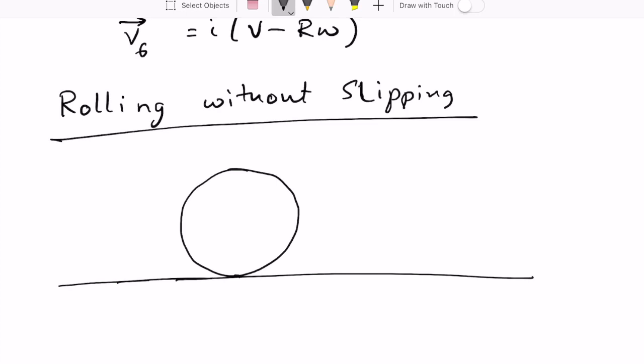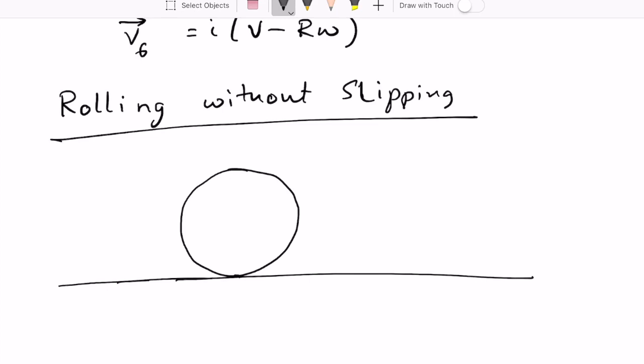So that is the most common type of rolling that you see. If you just roll a ball, it will roll without slipping, unless the ground is extremely slippery, in which case it might slide against the ground for a while before it catches and then starts rolling without slipping.